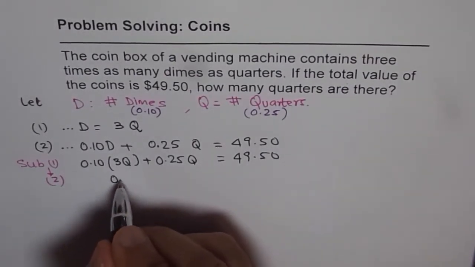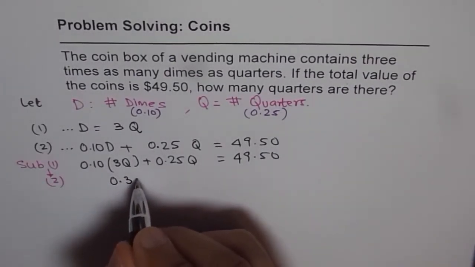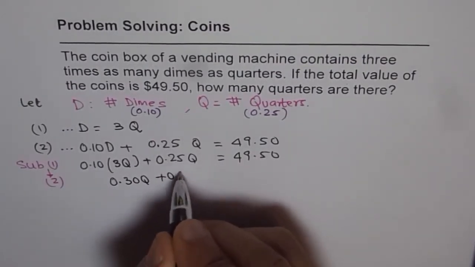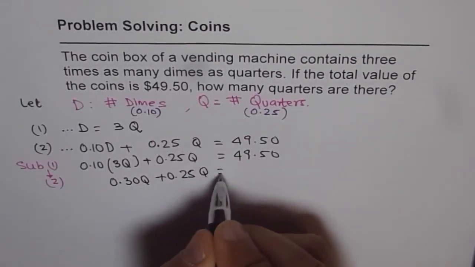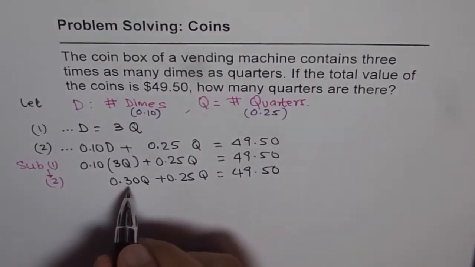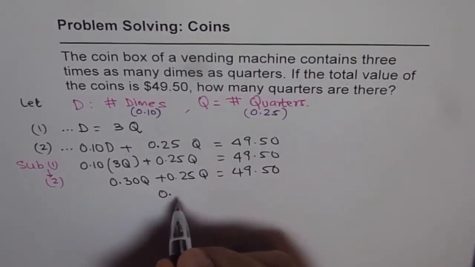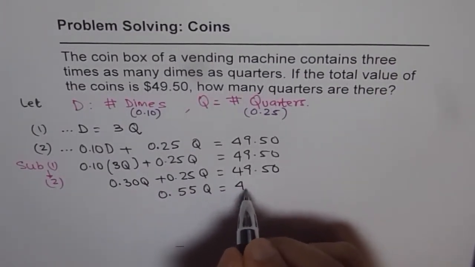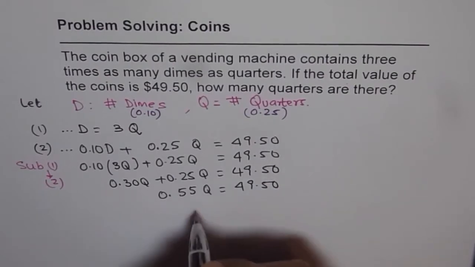So that becomes 0.3Q plus 0.25Q equals 49.50, and that gives 0.55Q equals 49.50.